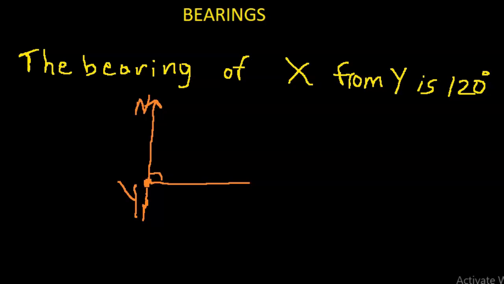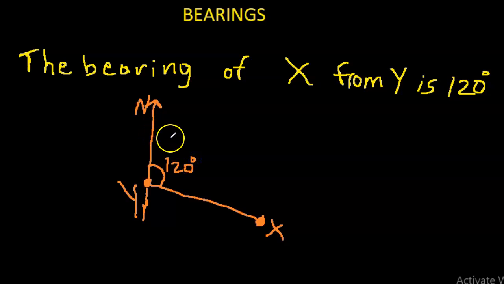We put our point X. And of course, if we're given the distance of X from Y, then we can always put that in. But we're not worried about the distance. We're only worried about the actual angle, or the bearing. Alright? 120 degrees. And of course, when I'm coming from north, it's always in the clockwise direction to X.